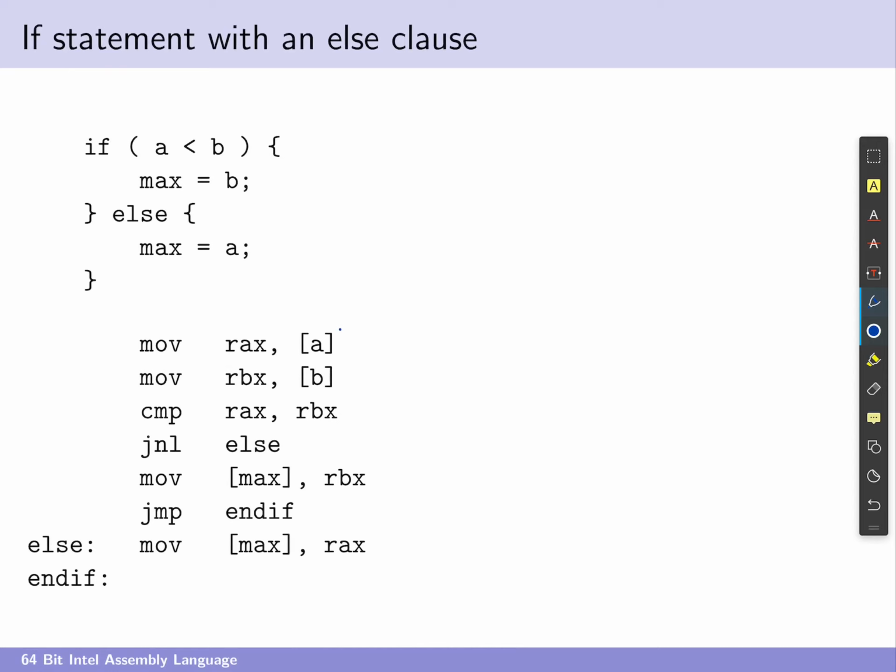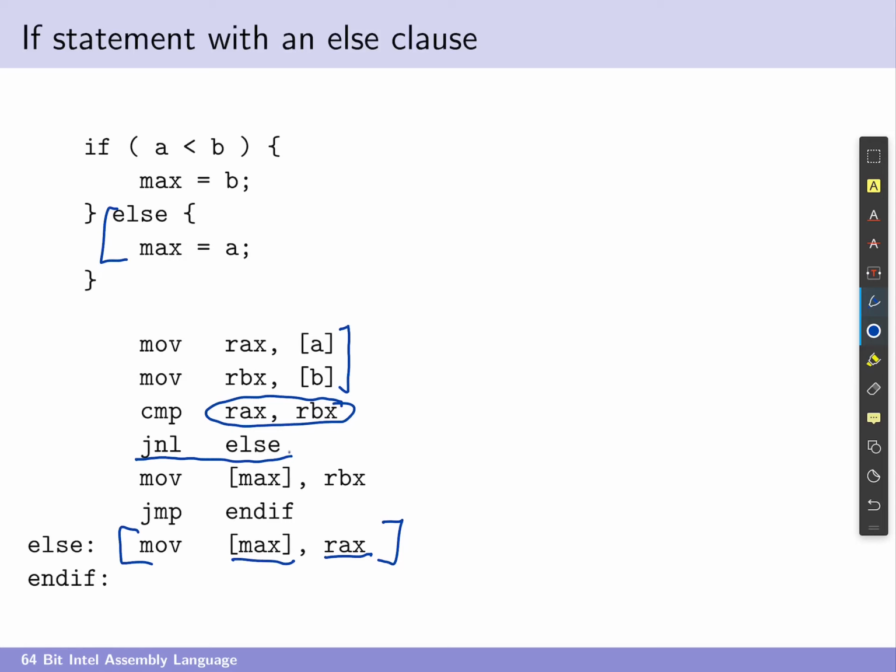So first steps again, moving A and B into their registers. So I'm moving A into RAX and B into RBX. Then I'm going to compare RAX with RBX. And now I want to jump to my else statement if that conditional is not satisfied. So jump not less than to the else block. And in that case, I'm going to move A into max.